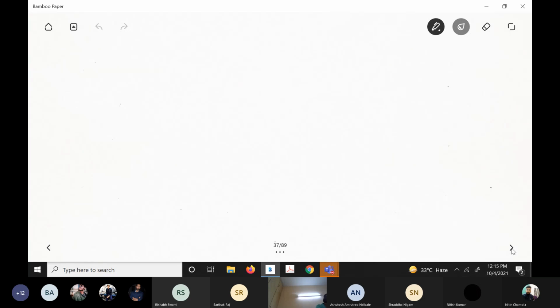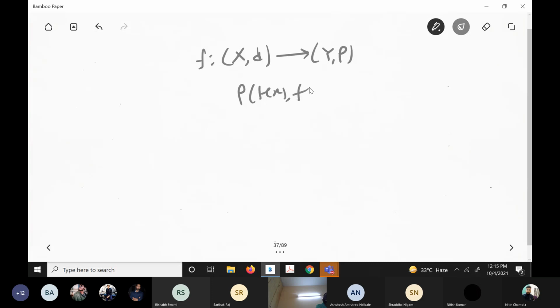Next, example 4, I put a star here. Now look here, I have given the definition of an isometry. Suppose rho(f(x), f(x')) equals d(x, x') for all pairs.